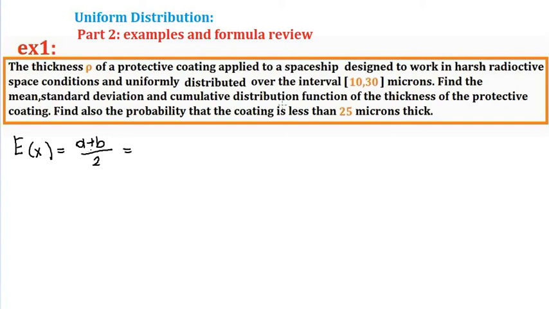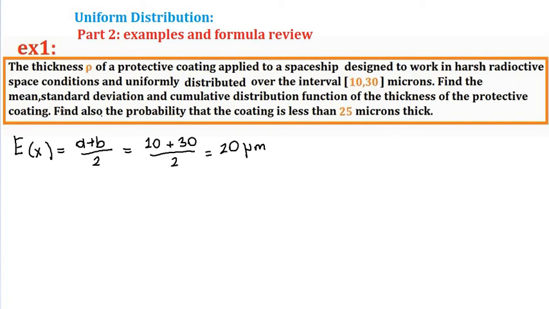Here a is our lower boundary 10 and b is our upper boundary 30, and 10 plus 30 divided by 2 is 20. So our average, or expectation, or mean is 20 micron.